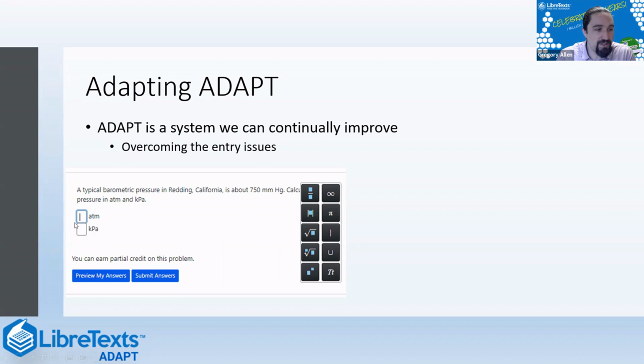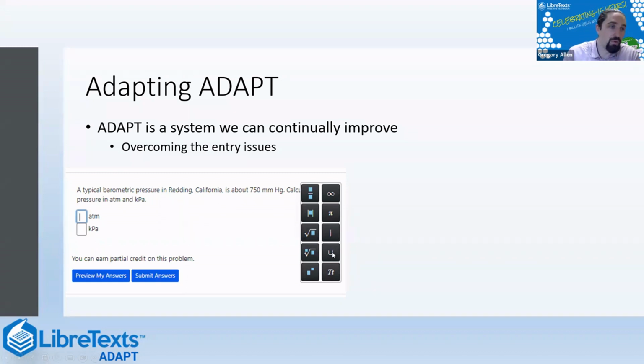When a student goes to enter their answer, they originally pulled up this text box. It's almost like the ribbon that you would see in Microsoft Word. If you're trying to insert an equation, you would see all those options. And I think for a lot of our students, what the heck is that infinity sign? Why would I use pi? What is that U?